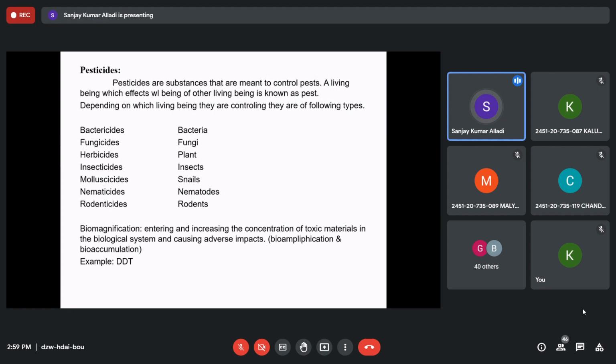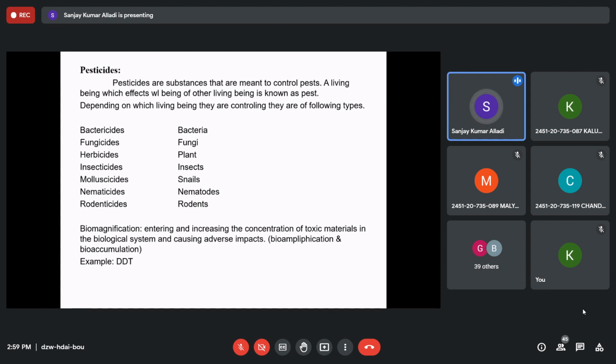And she explained that this DDT slowly entered into the soil and water. From there it entered into the living beings through a process called biomagnification and started causing cancer. In 1967, she wrote this book called Silent Spring, explaining the evil effects of DDT.